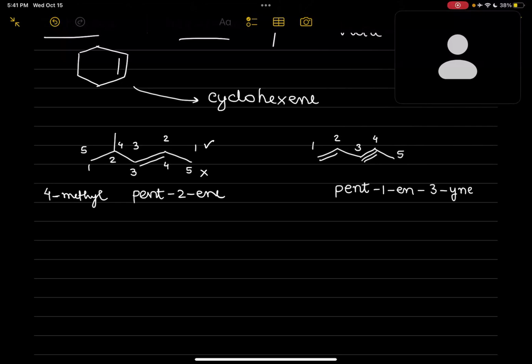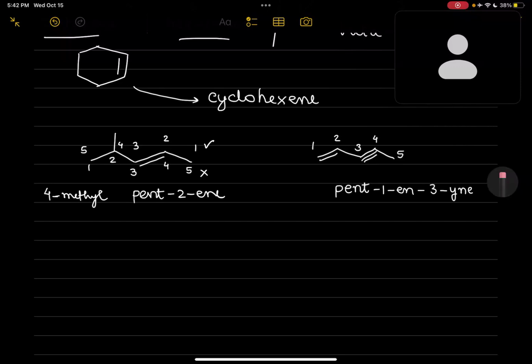If there are two sides, the numbering is done from the side which gives the lower number to either the double bond or the triple bond. From wherever you are getting the lower number, you will do the numbering. It can be to the triple bond also.